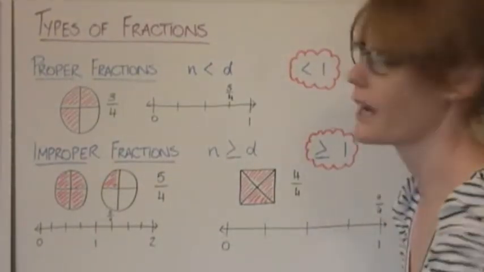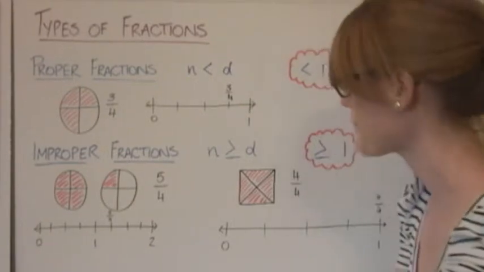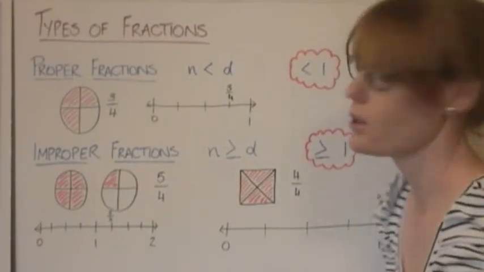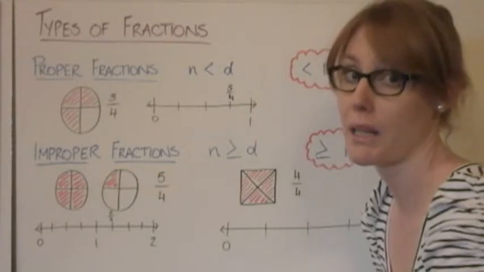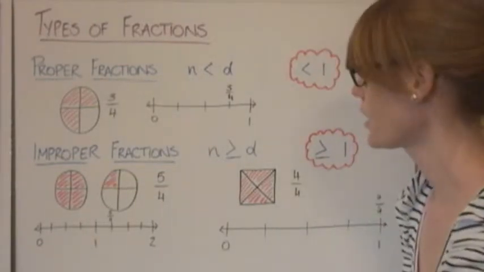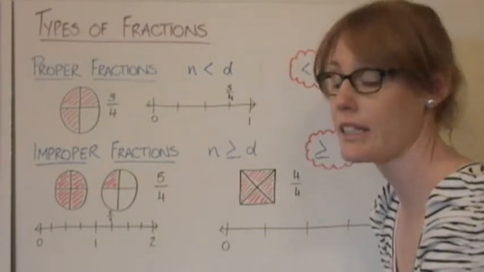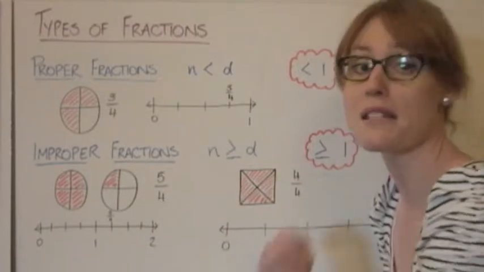Over here, we have an example of where the numerator is equal to the denominator. In this example, where the numerator is equal to the denominator, the fraction will always equal 1. Here we have 1, 2, 3, 4 pieces shaded in out of 4 pieces total.